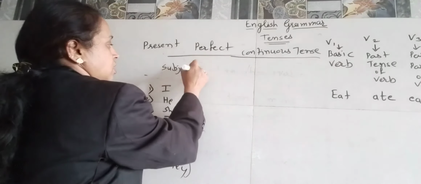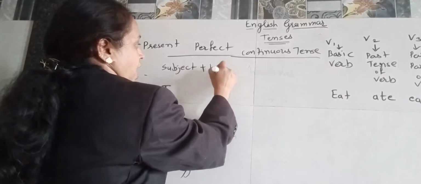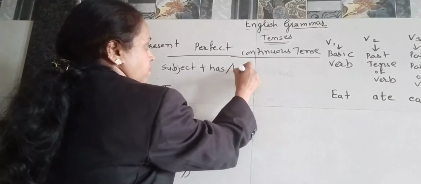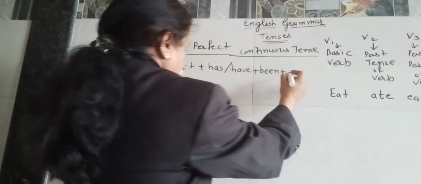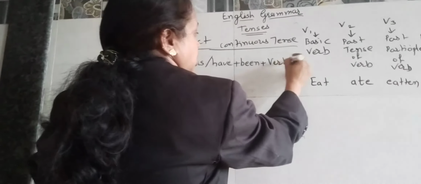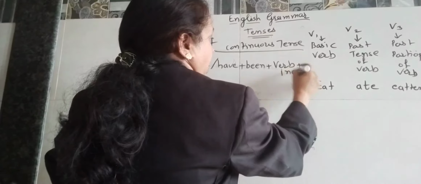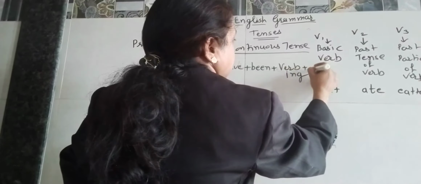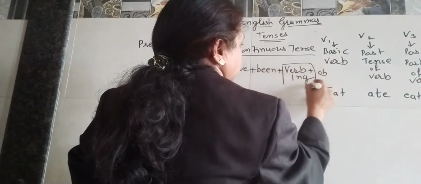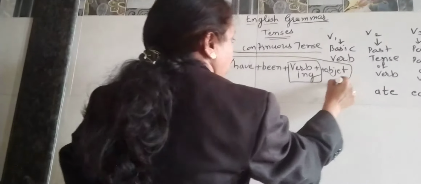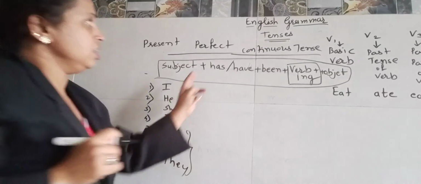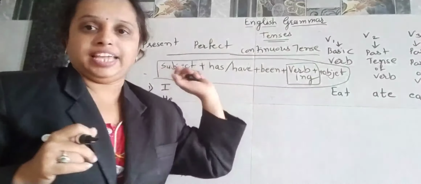Subject plus has or have been, plus verb plus ing, and object. This is the formula of the present perfect continuous tense.